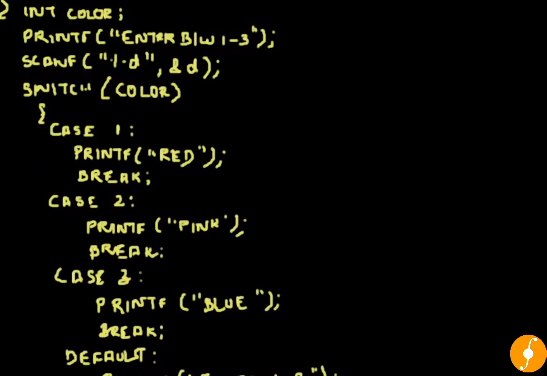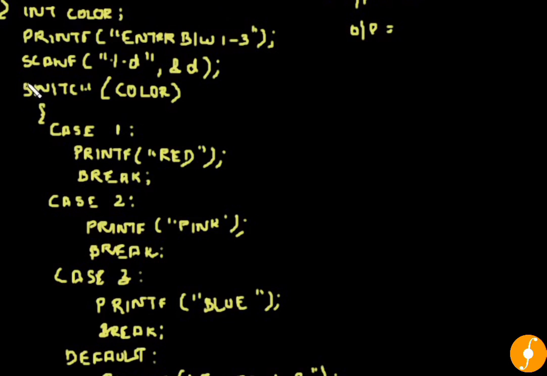Now let us see a sample input and output so that you can understand it in a better way. Say suppose the input given by the user is 2 at the first place. What will be the output? The variable color will hold the value 2.